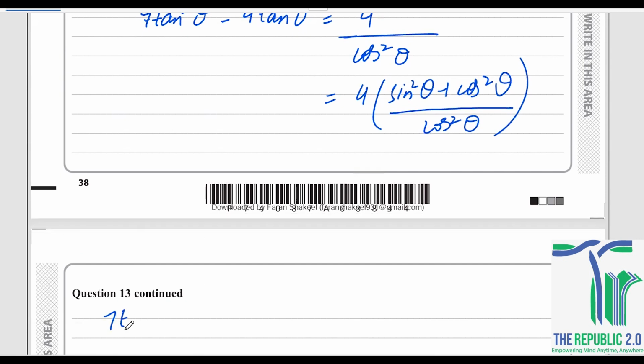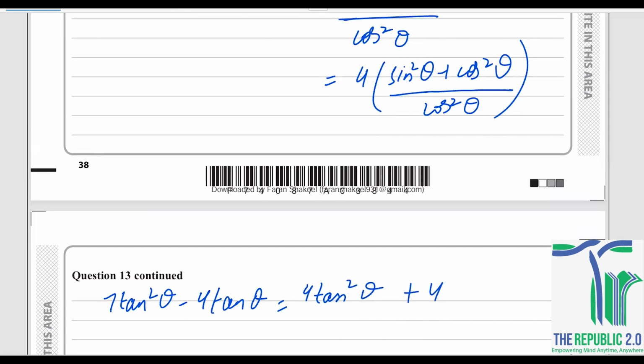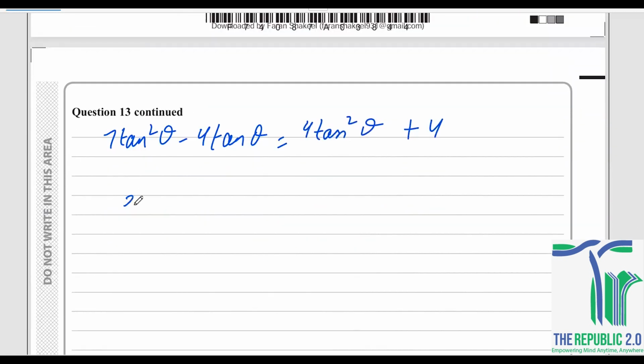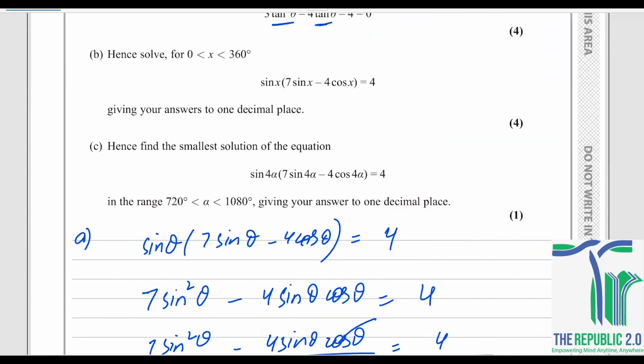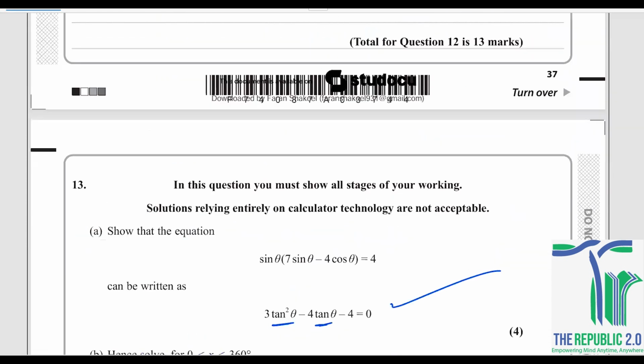So I would have 7 tangent squared theta minus 4 tangent theta equals 4 sine squared over cos squared theta, which has to be 4 tangent squared theta, and then cos squared over cos squared, it should be just 4. Got it? Now I'm just going to move this tangent squared theta over here, and I would have 3 tangent squared theta minus 4 tangent theta minus 4 equals 0, which was the equation that we needed to prove.